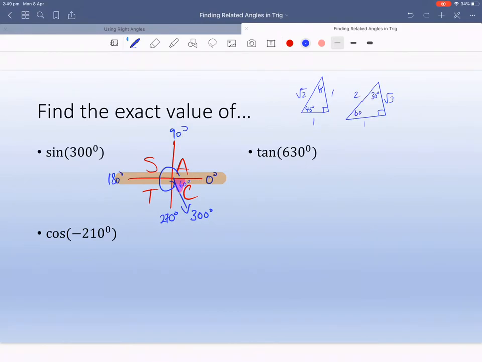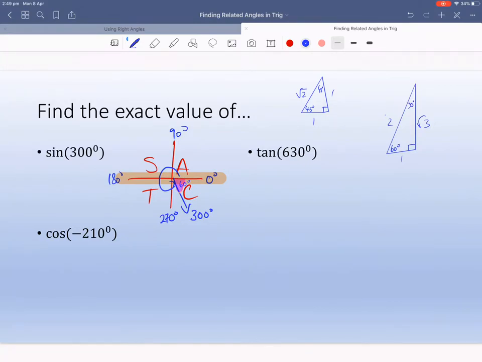Probably better if I draw them again, this one especially. That's a bit better. So right angle, that's 1, that's 2, that's root 3. That's 60 degrees, and that's 30 degrees in there.